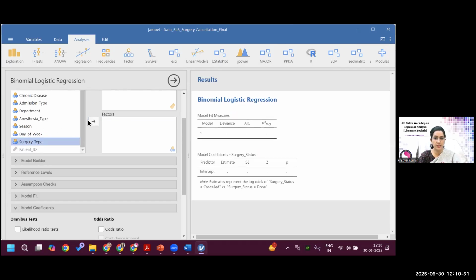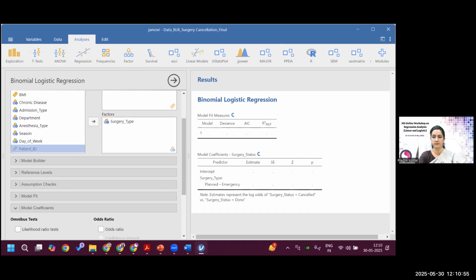Surgery type, if I move the surgery type, planned versus emergency. It is 0.04. So I will take it, yes, Dr. Hilda, right? Surgery type I will take. So how many variables finally?